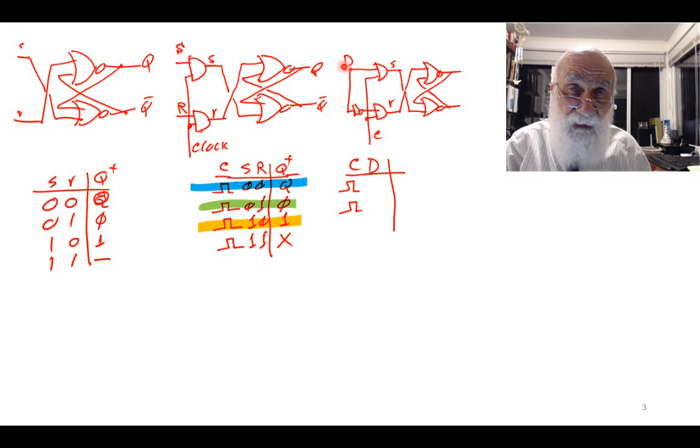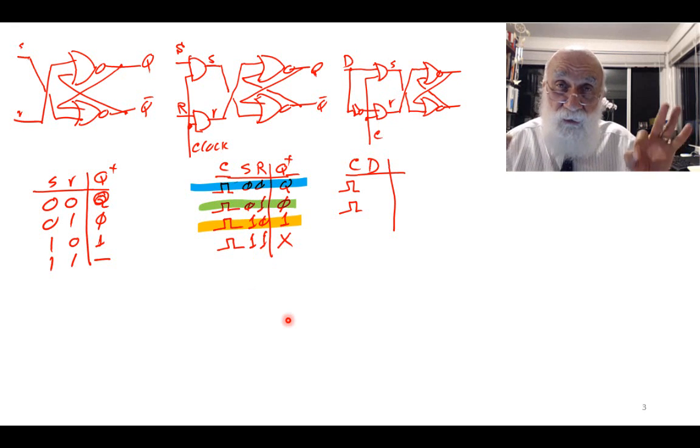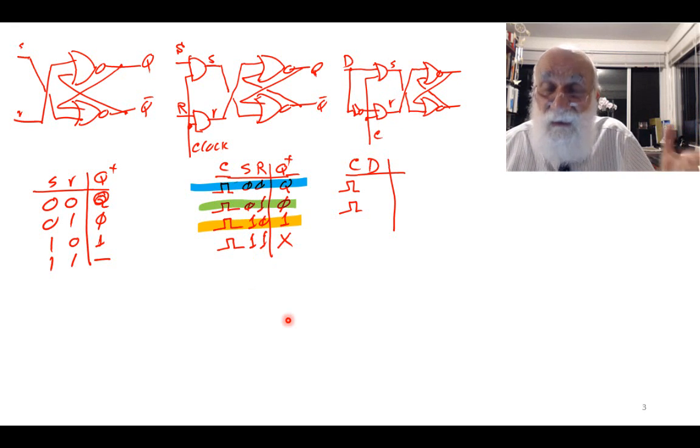If D is 1 and clock is 1, S becomes a 1 and R becomes a 0. That means these three colored situations do exist, can happen. But the bad one, the 1-1 case that I said loses my memory, will never happen. So that's a good thing that happened.